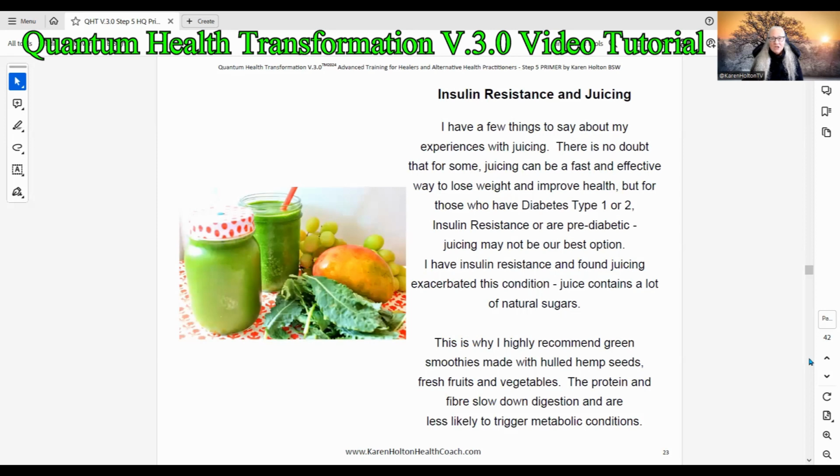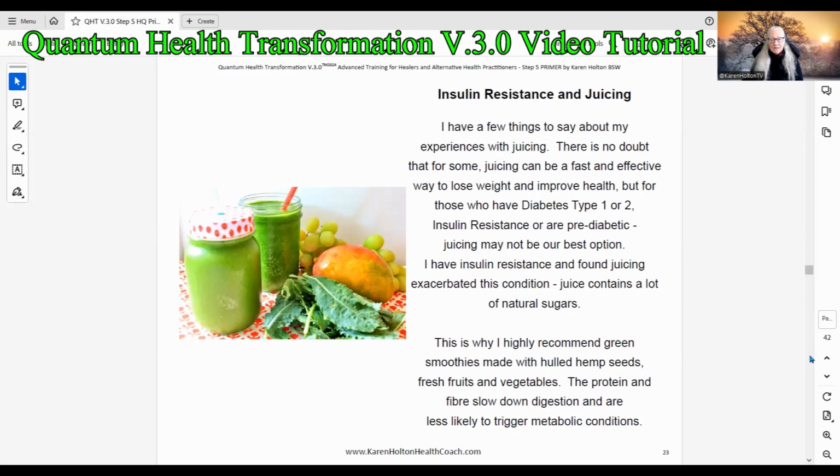Insulin resistance and juicing. I have a few things to say about my experiences with juicing. There is no doubt that for some, juicing can be a fast and effective way to lose weight and improve health. But for those who have diabetes type 1 or 2, insulin resistance, or are pre-diabetic, juicing may not be the best option.